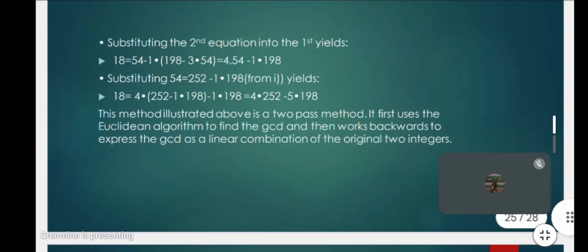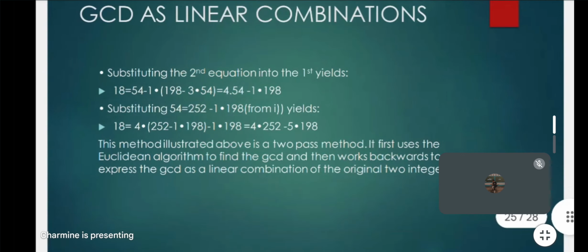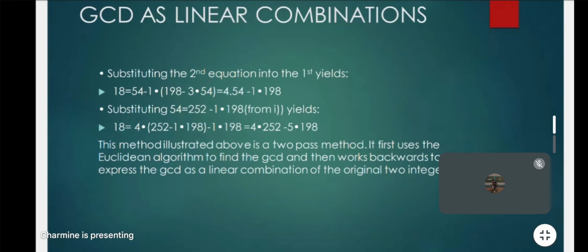Substituting, we get 4 times 252 minus 5 times 198.